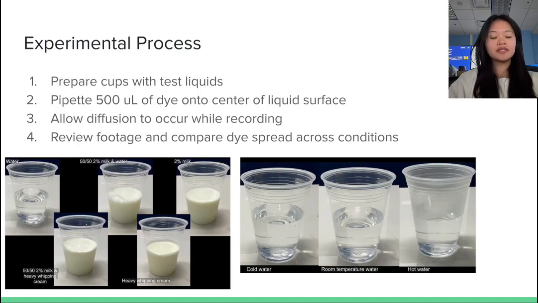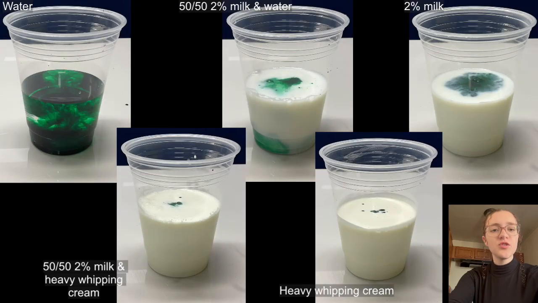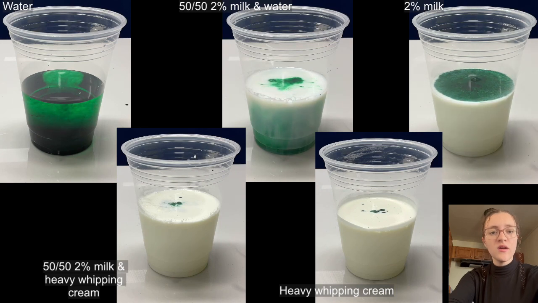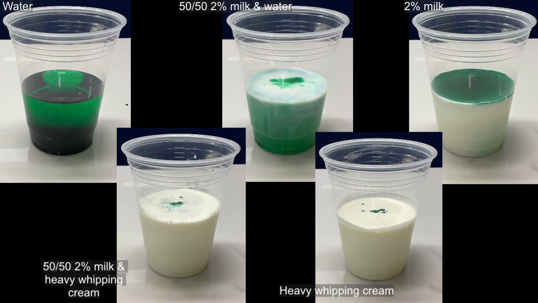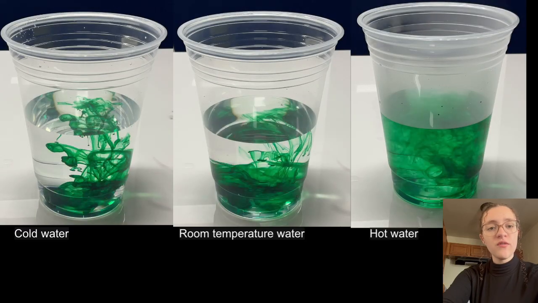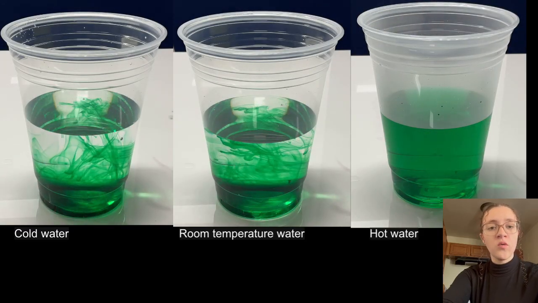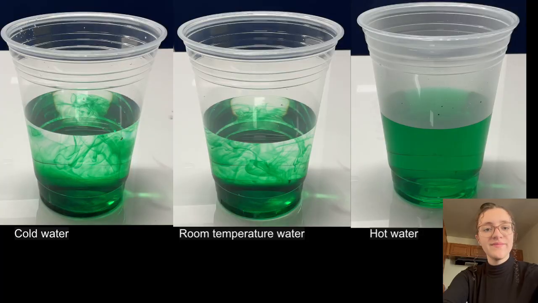Comparing the footage across conditions allowed us to see which liquids or temperatures led to faster or slower diffusions. This is a short video of the viscosity test, where you can see that thicker liquids have a harder time spreading the dye. This is a short video of the temperature test, where you can see the warmer the liquid, the quicker the diffusion.